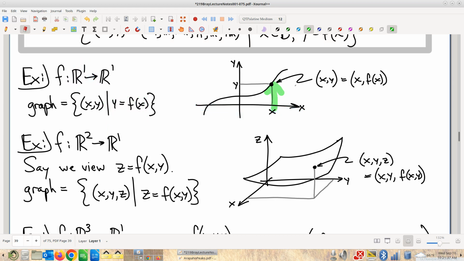Okay, and if you just copycat, do the same thing for a function that has now two input variables, so a two-dimensional domain, notice that what you get is now a surface. In particular, you get a surface whose equation results from setting the value of the function equal to, again, a new variable. That new variable is now z. It has to be z because y is an input variable. All right. So, it seems like a pretty good idea.